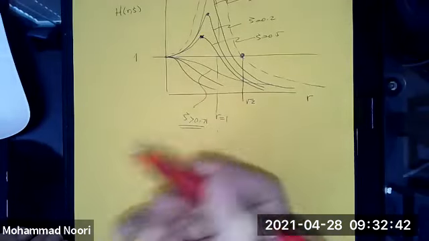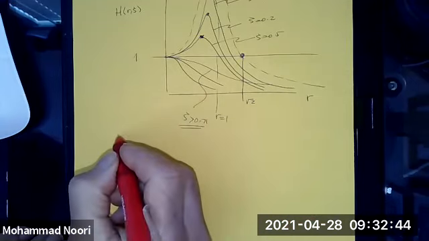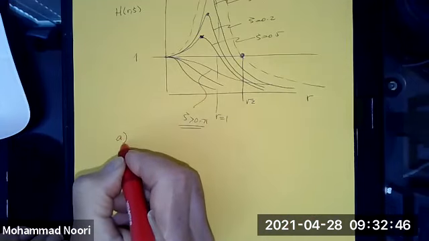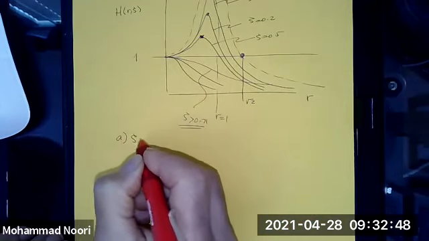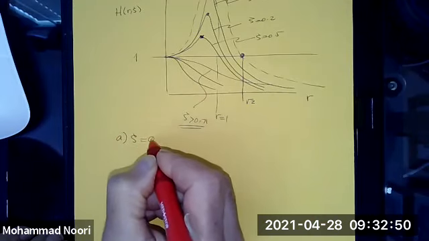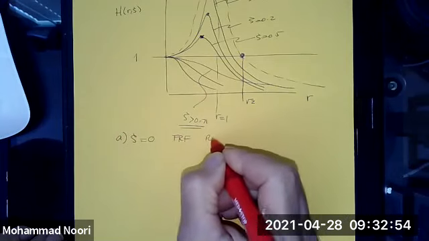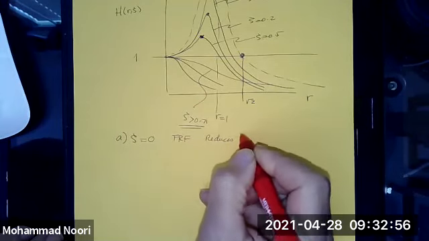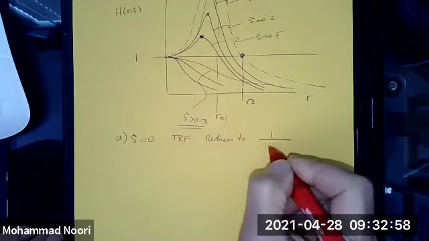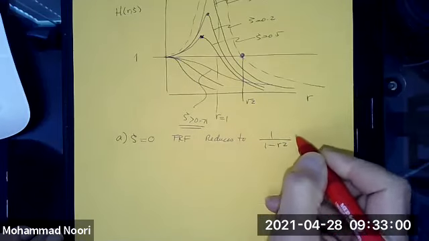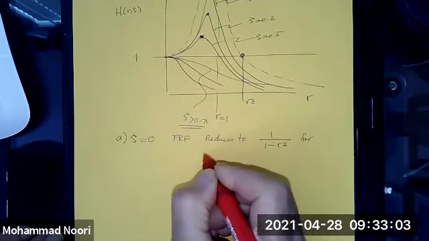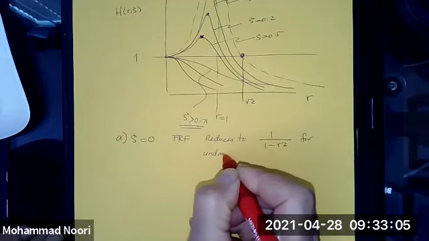So let's first make some simple observations. Observation number 1: when the damping ratio is 0, this frequency response function reduces to 1 over 1 minus r squared, which is for undamped systems.